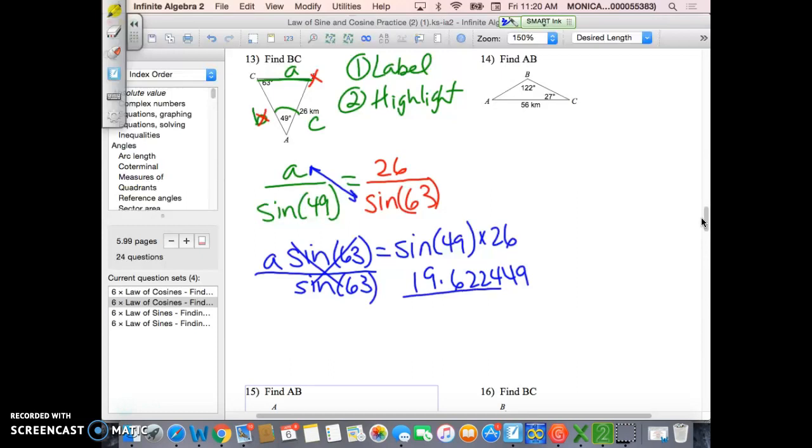So I'm going to have to divide this by the sine of 63. And you should end up with a equals 22.02. Put the answer up here, and sure enough, the answer is 22 kilometers.